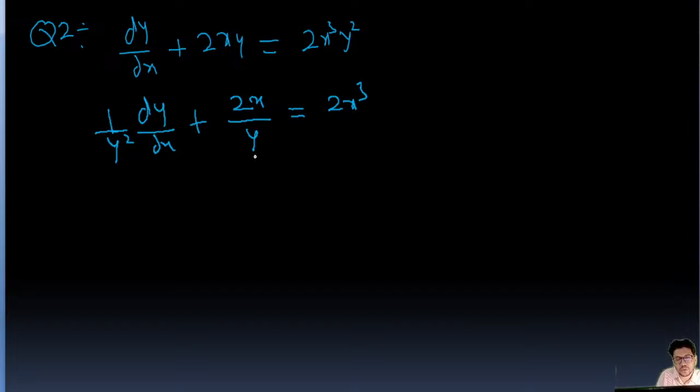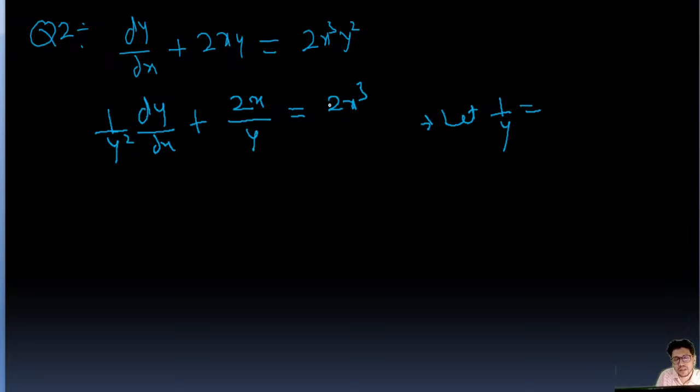Now we can say let 1 upon y to the power n minus 1 equal to z. Here y to the power n minus 1, with n equal to 2.